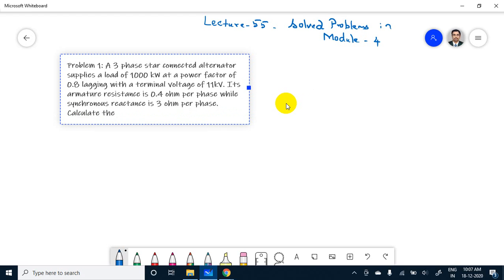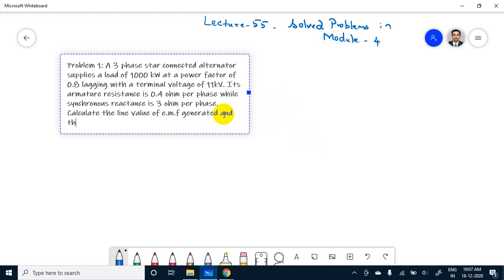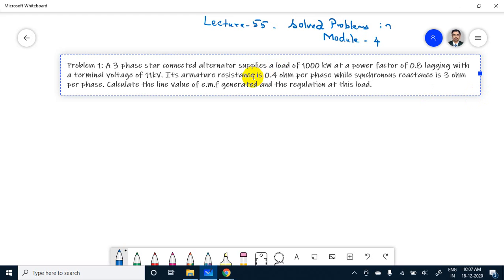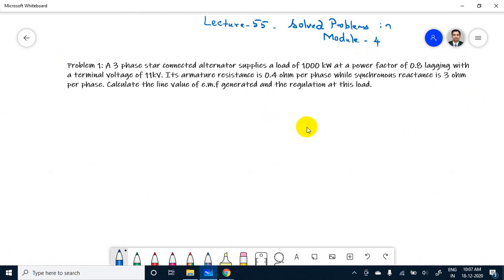Calculate the line value of EMF generated and the regulation at this load. Okay, this is the problem. Now, solution.